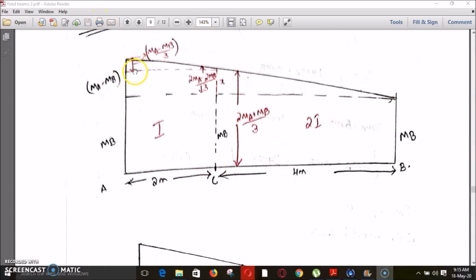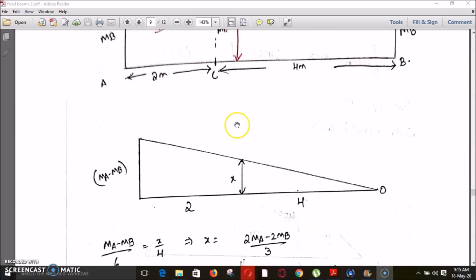So now we need to calculate this value. This is the height of this rectangle, and we have to calculate the height of this smaller triangle. So this total height is 2MA plus MB by 3.